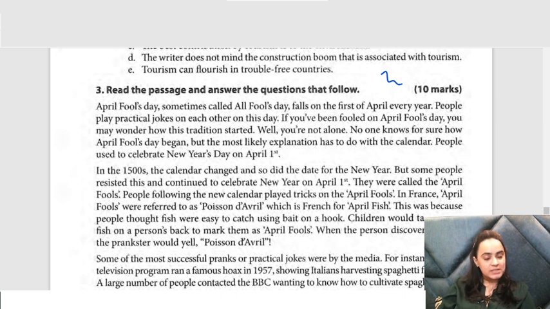The passages will have different typology of questions. They can be multiple choice questions.